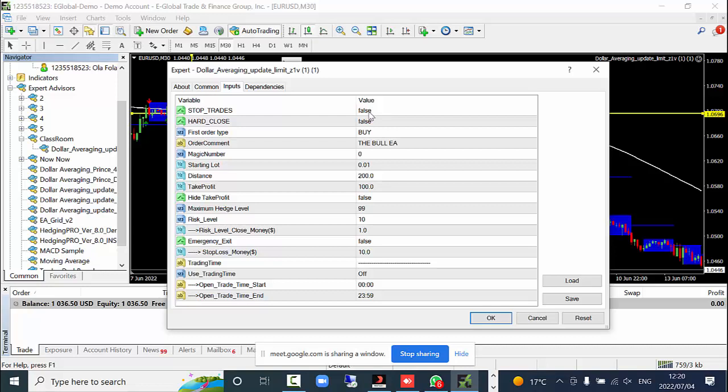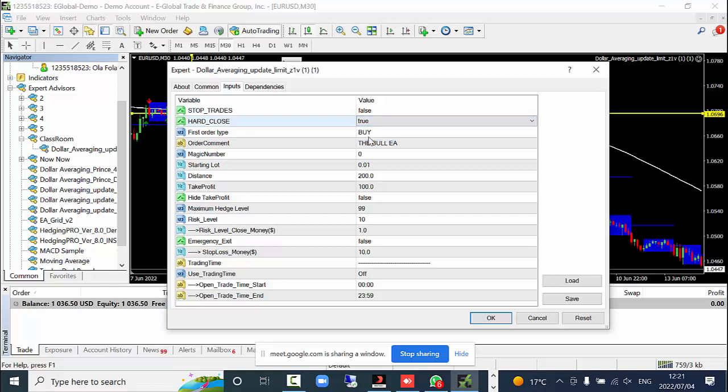Then, because this software, I've used it to attack many things. So, at close, you may need this while you are trading. What does it do? Let's say the software opens several trades, and you see that the market wants to turn against your direction. You come here and set close to true.